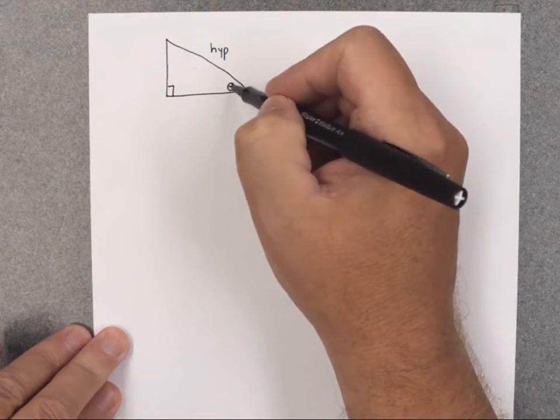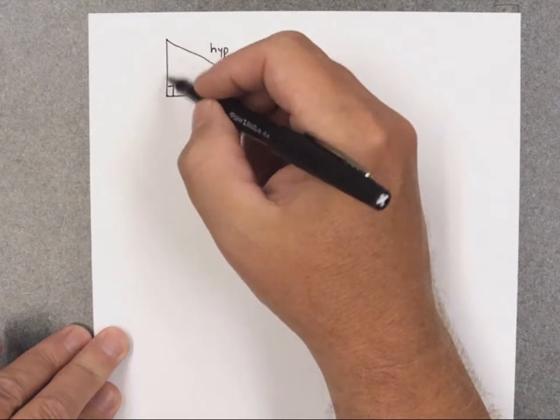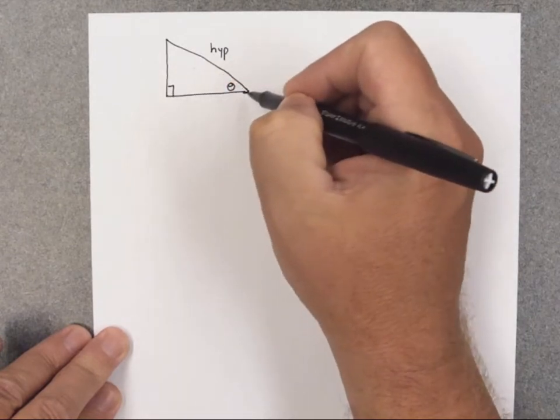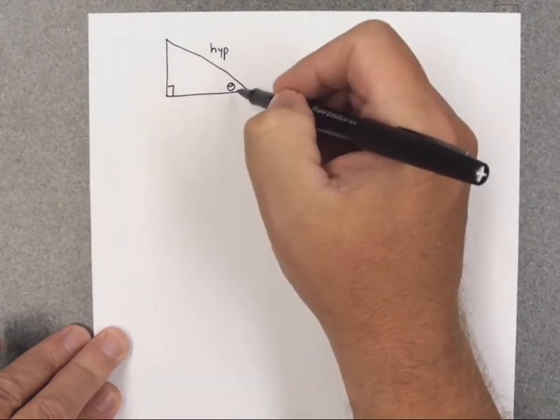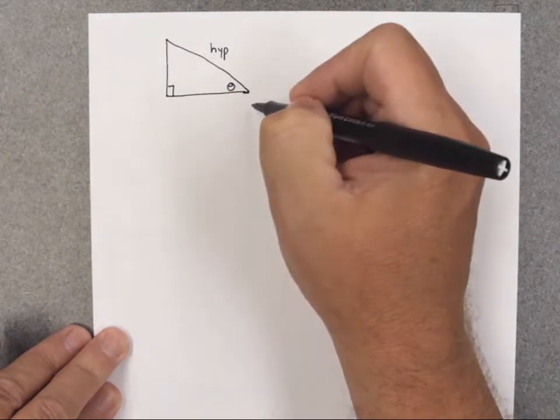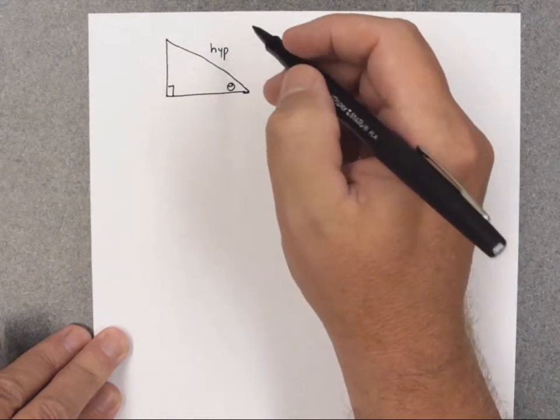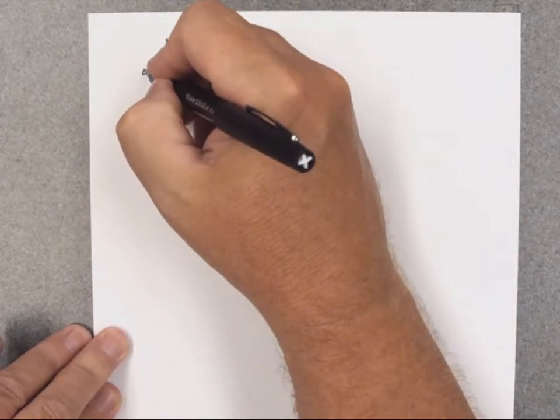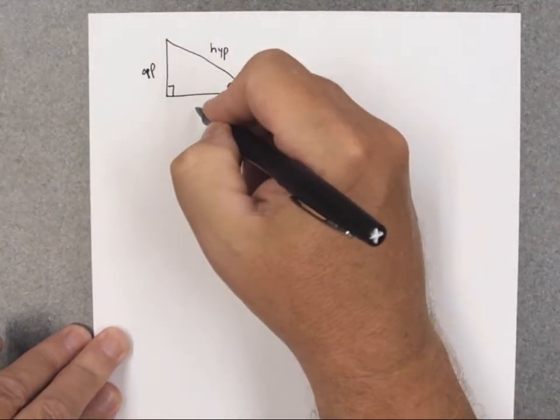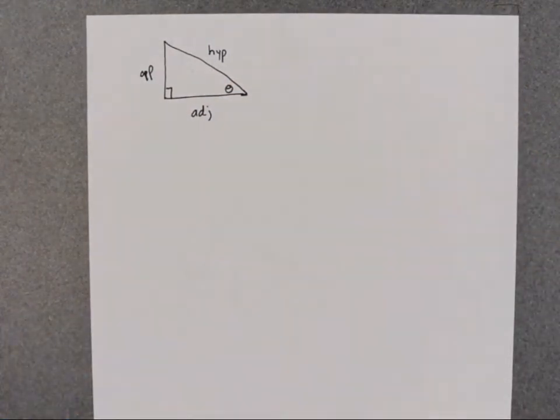If my angle's here, we like to think of this side as sort of opposite of the angle. And this side, we say it's adjacent to the angle, since this side touches the angle and helps form the angle, and this side is way on the opposite side of the angle. So we like to call this side the opposite, OPP, and this side we like to label as adjacent.